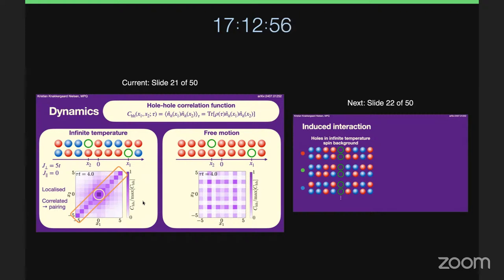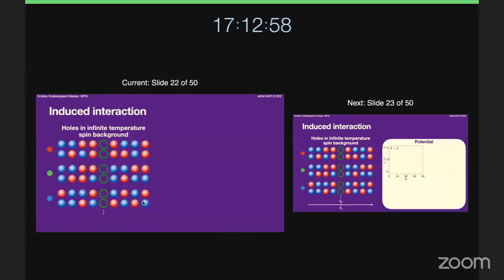Right, so how does this actually come about? What we're doing here again is putting two holes into an infinite temperature spin background. So we have all these different realizations of the spin background that are realized simultaneously, and then we have to average over all of this.